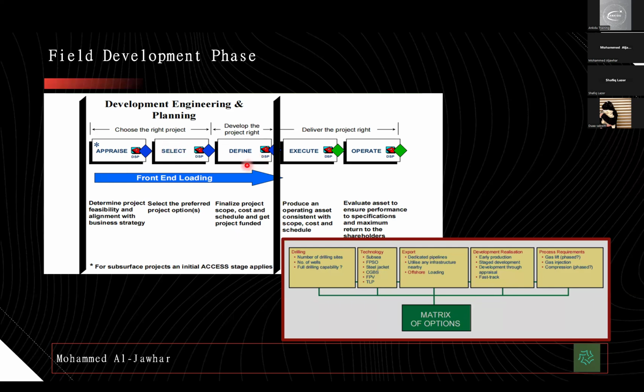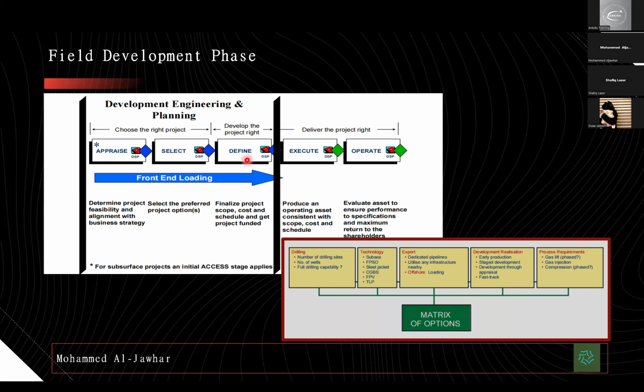Then you can define the main objective and how to develop your field in the right way, so you can finalize your project. Otherwise, you have missing data. That's what we said earlier about reservoir management: it's dynamic, so you can adjust every step and adapt to what you have missed.